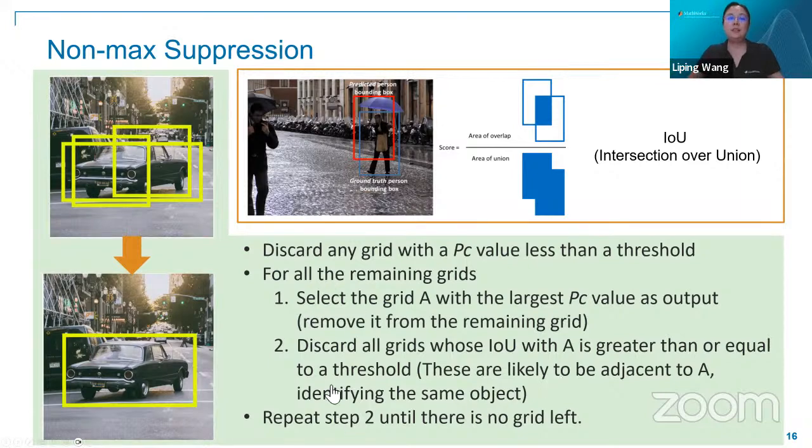Then we repeat this second step until there are no boxes left. So this is the non-max suppression algorithm. With this algorithm, we can find the unique bounding box for an object.